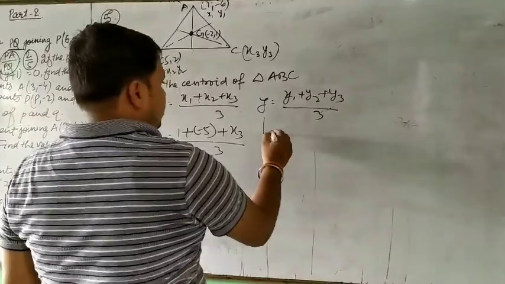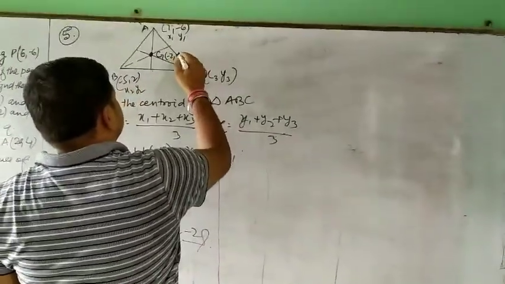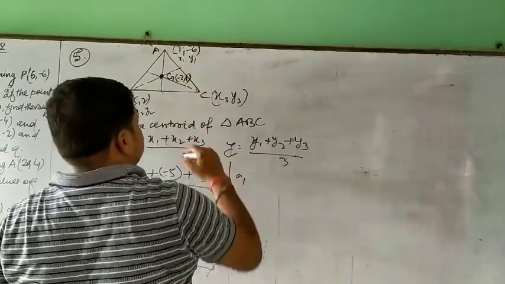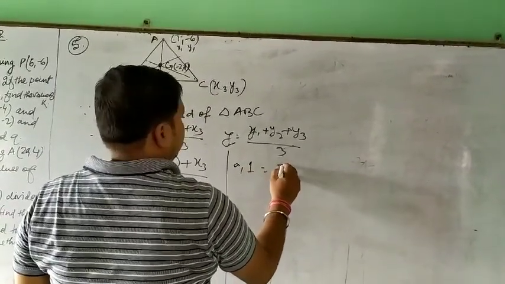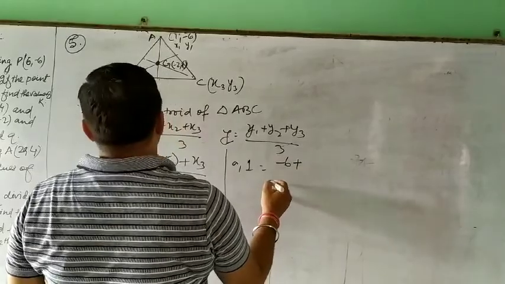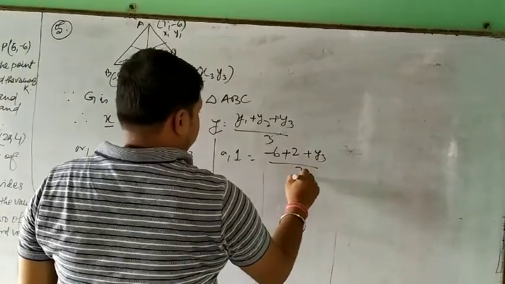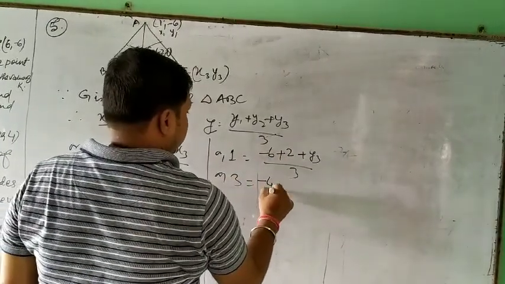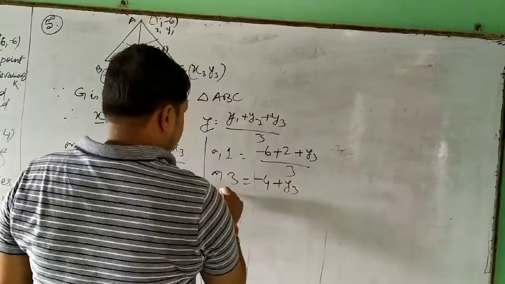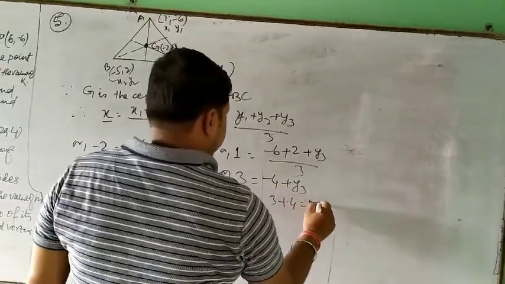In this question, value of y equal to this, so 1 equal to (y1 equal to minus 6 plus y2 equal to 2 plus y3) by 3. That means 3 equal to minus 4 plus y3 and y3 equal to 3 plus 4, that means 7.